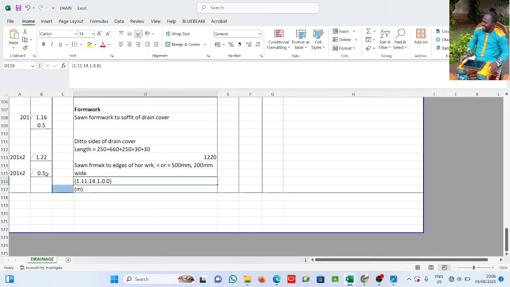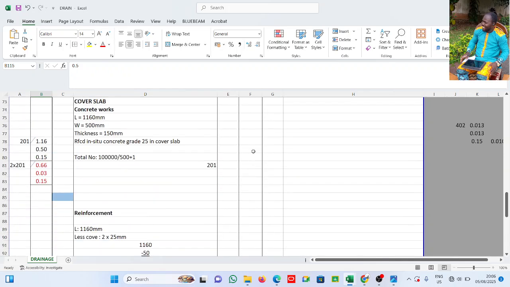All right, and also to the side also, which is 1.22, which is this here, by, of course, by 201. Why this 0.5 part by 201 number?